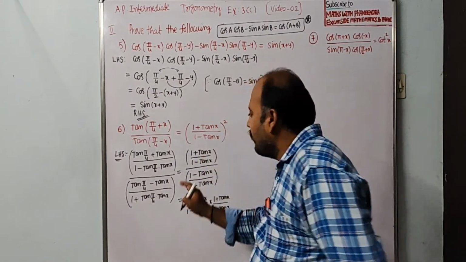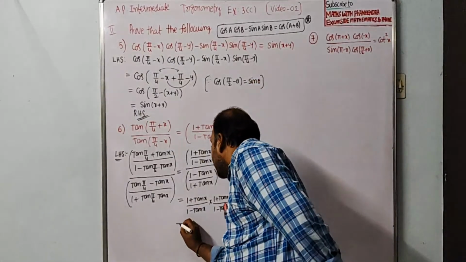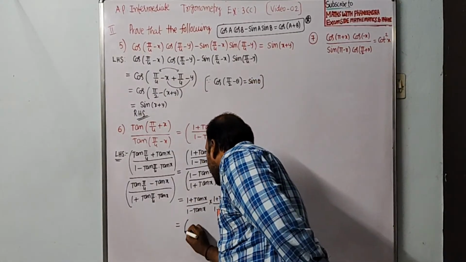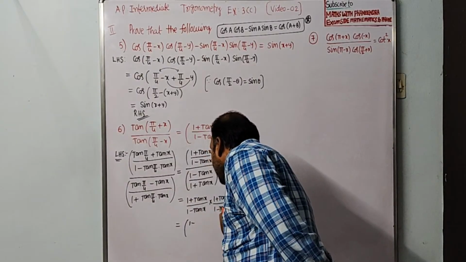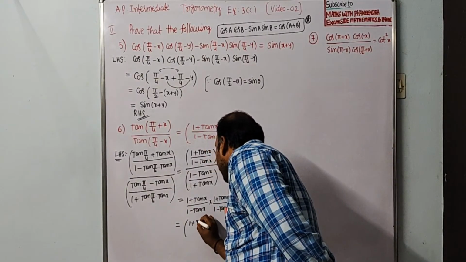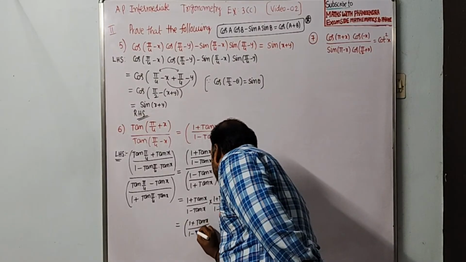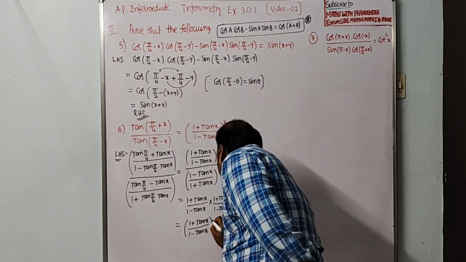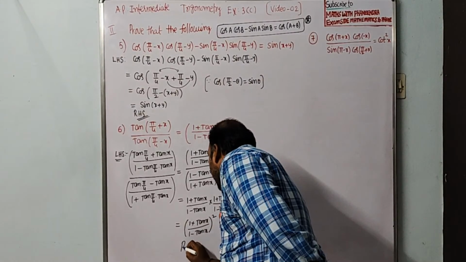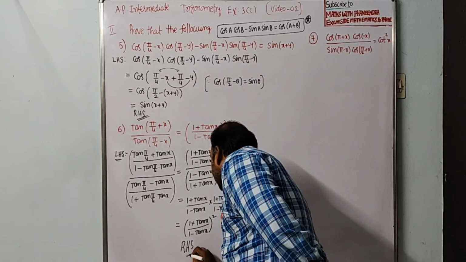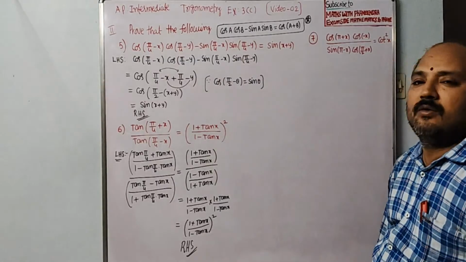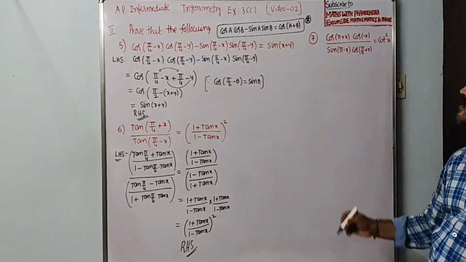Denominator of denominator goes to numerator. So 1 plus tan x into 1 plus tan x is 1 plus tan x whole square. Denominator 1 minus tan x into 1 minus tan x is 1 minus tan x whole square. So 1 plus tan x by 1 minus tan x whole square, which is required RHS, dear students. We'll move to question number 7.